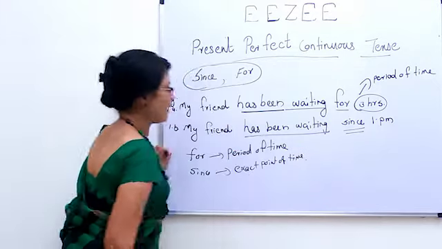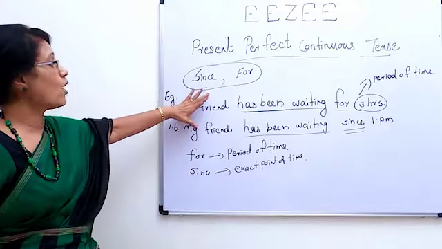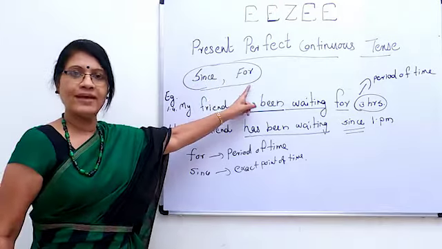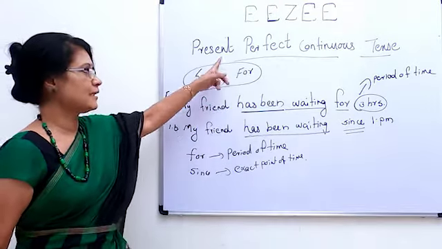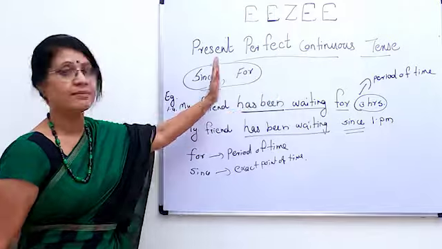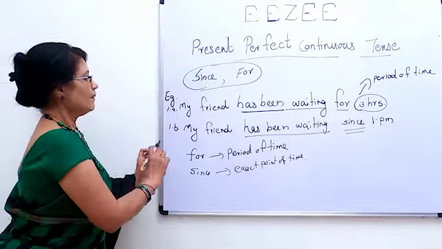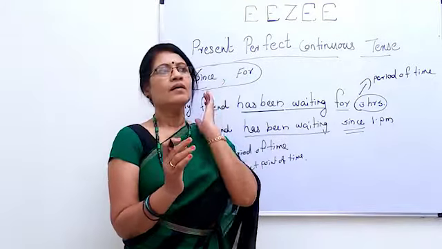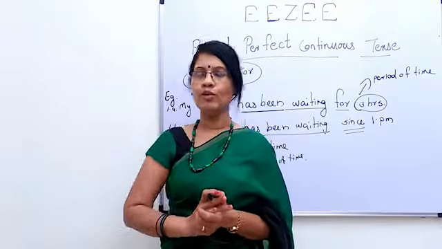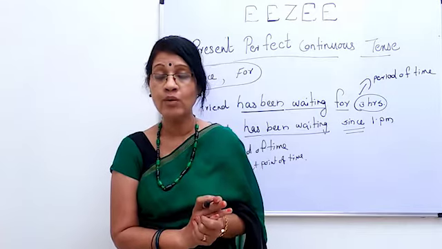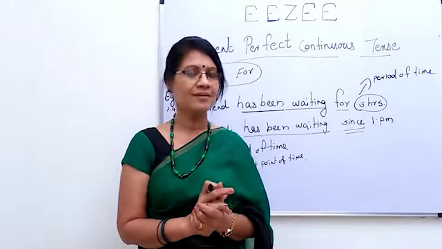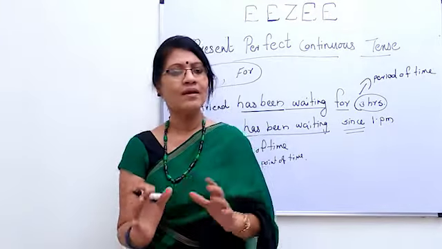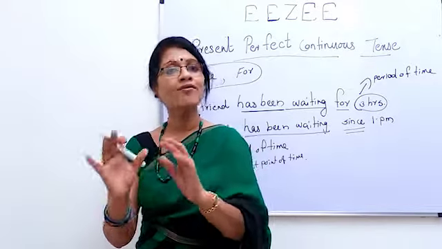This way we should understand the use of since and for when we discuss present perfect continuous or present perfect tense. Another example: I have been teaching you for half an hour. Half an hour is a period of time.